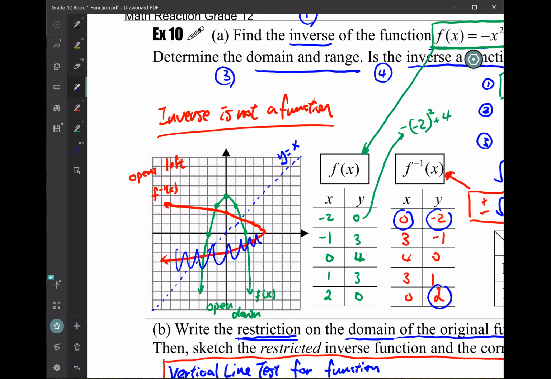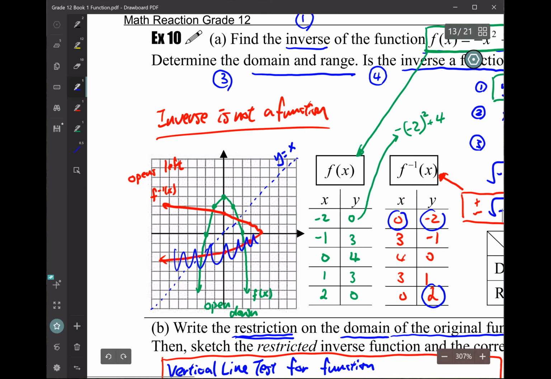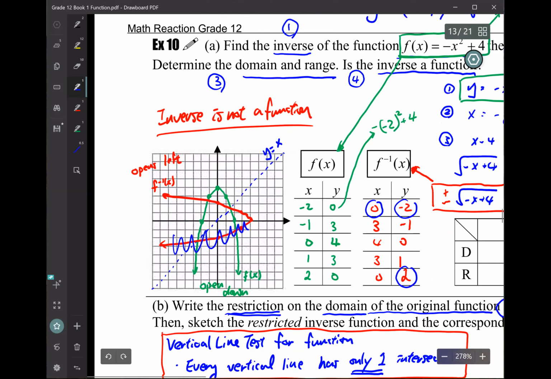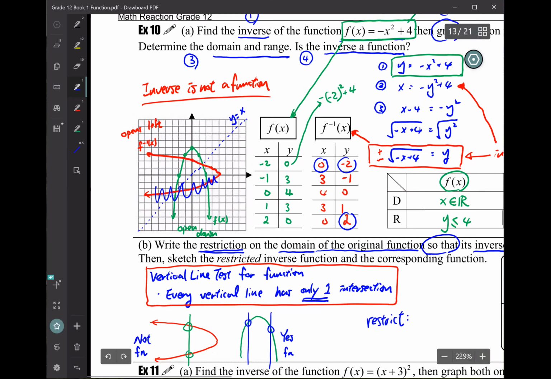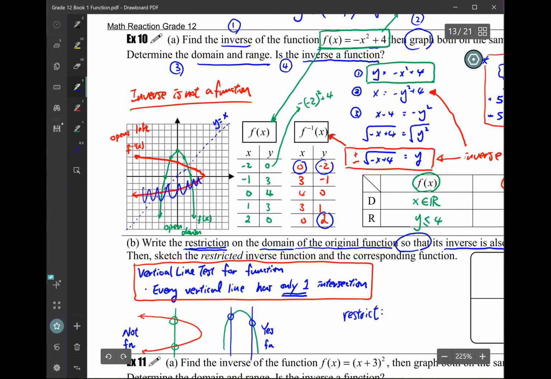The red came from the green, right? So if the bottom part is gone, which part of the green is gone? The right part? The right side is gone. Okay, let's draw it out and see if it works.